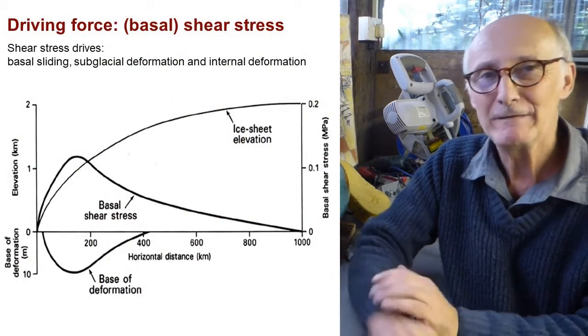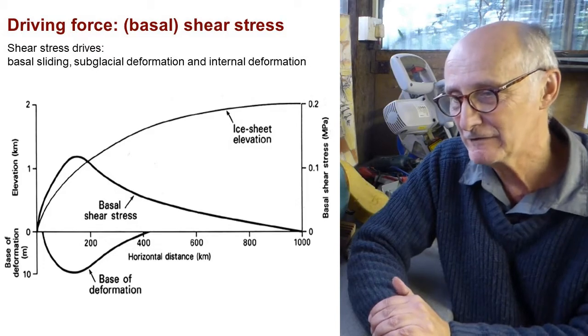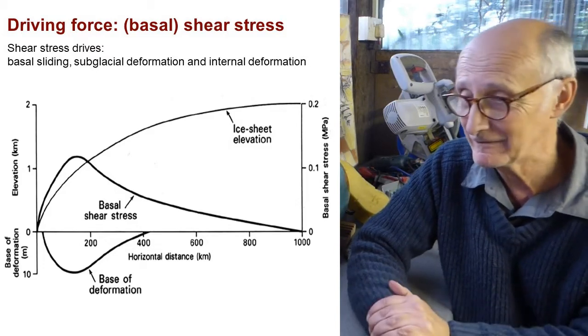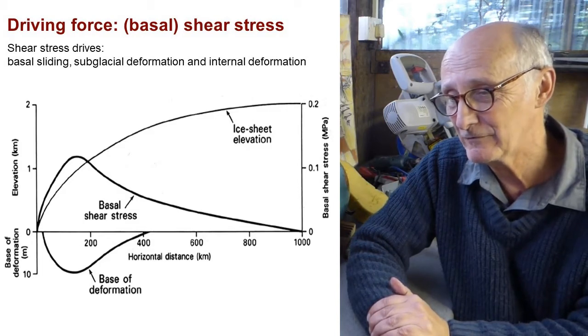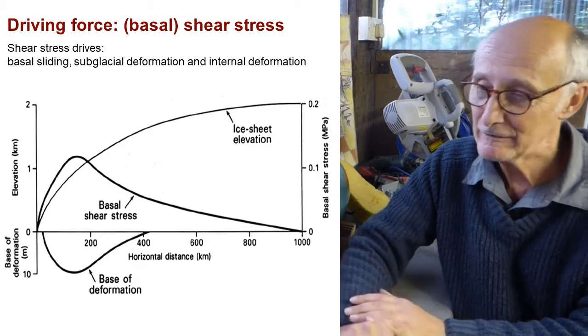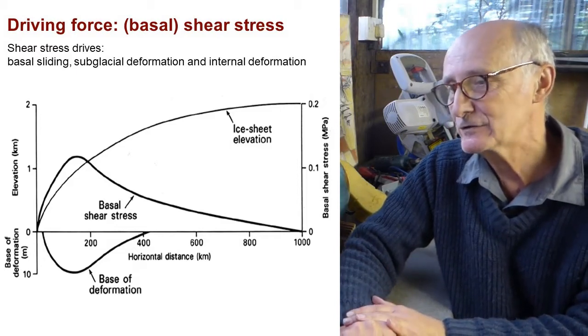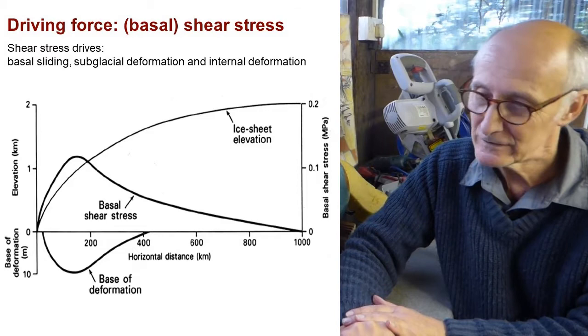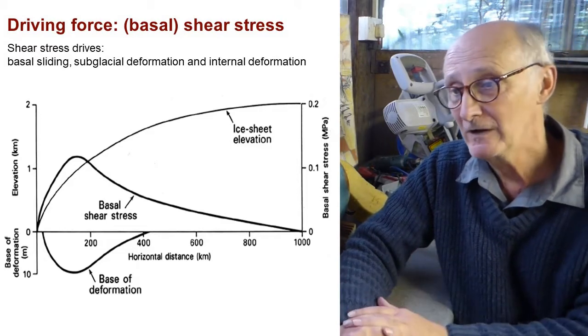Now you're already familiar, I hope, with this diagram. It's come up in previous sessions, you've seen it in your resources, and it features in the books that I'm hoping you're keeping up to speed with. What this diagram shows is the cross-profile through a theoretical ice sheet surface, with the margin of the ice sheet on the left-hand side, and the centre of the ice sheet, the top of the dome, on the right-hand side.